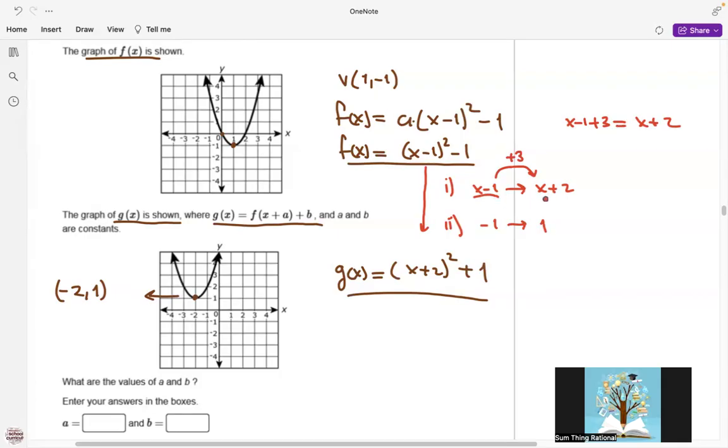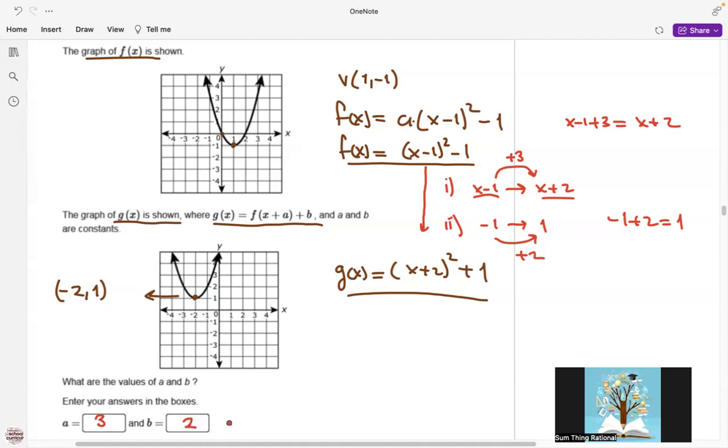So if I plug x plus 3 in place of x in f of x, we will have x plus 2 inside. From negative 1, how can I obtain positive 1? I add 2: negative 1 plus 2 becomes 1. So it can be explained this way, with 3 and 2.